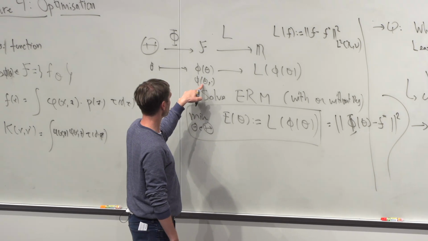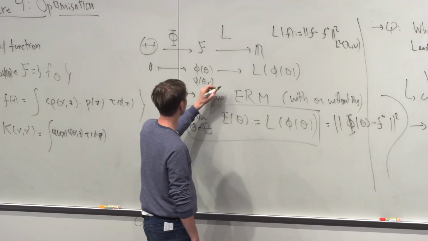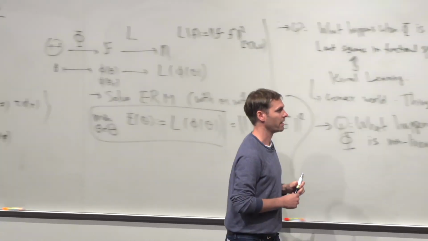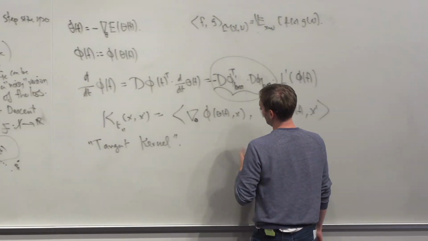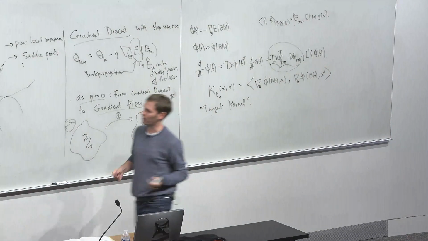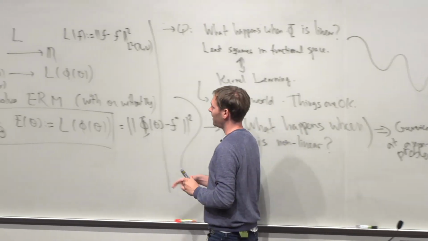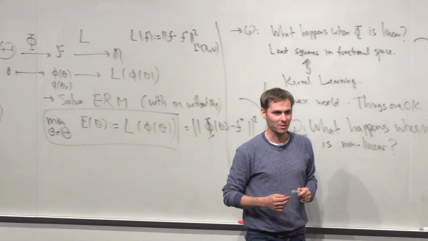Now this is a function, so I can evaluate the function at point x. I could rewrite everything with the two arguments, but I don't like this notation. Is it clear now?